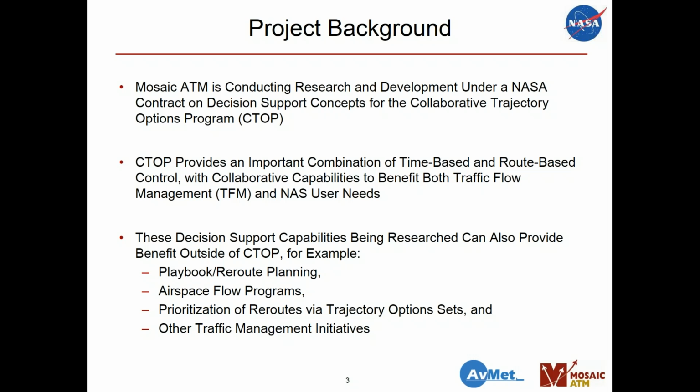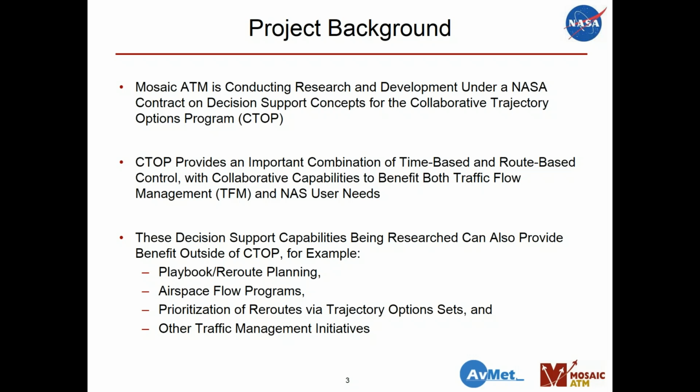And there's a number of things that are coming out of our research related not just to CTOP, but also to the trajectory option sets in general and other aspects of measuring, predicting, and planning traffic management initiatives that we believe will provide some benefit in the industry and in operations.